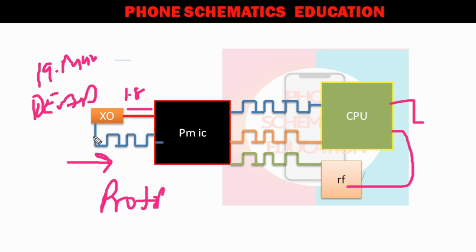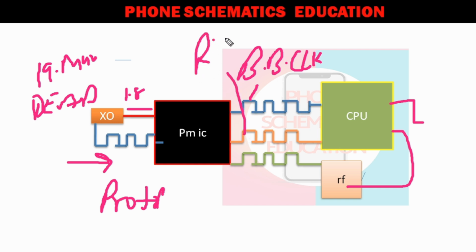Now, the XO crystal forms this clock signal and gives it to the power IC. After that the power IC generates many signals. The first signal is called BB clock, baseband clock, for the CPU. Another signal is called RTC for the CPU.